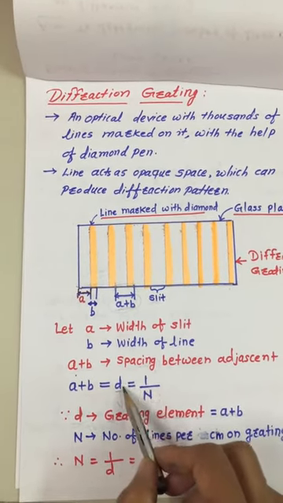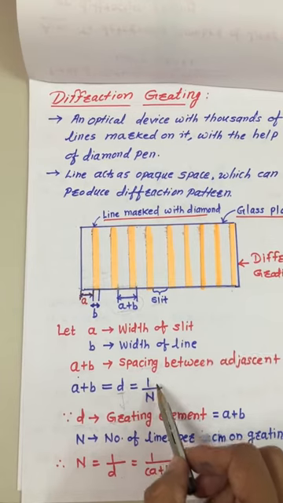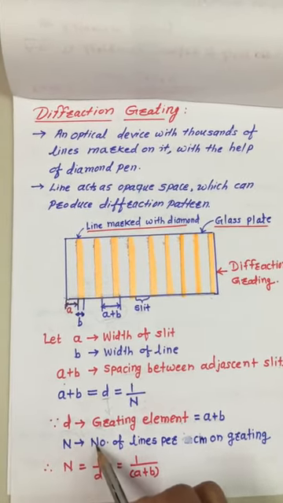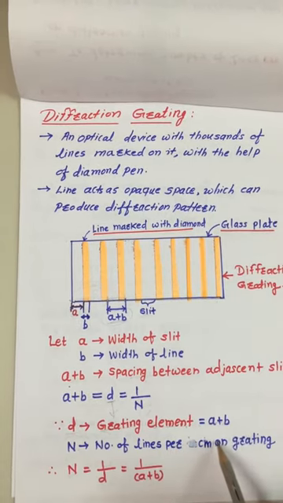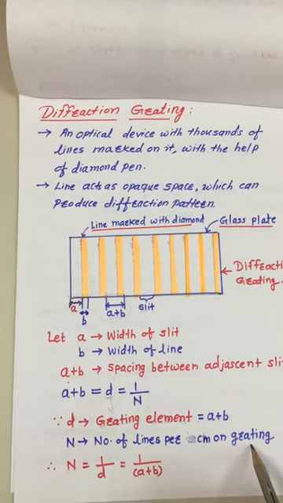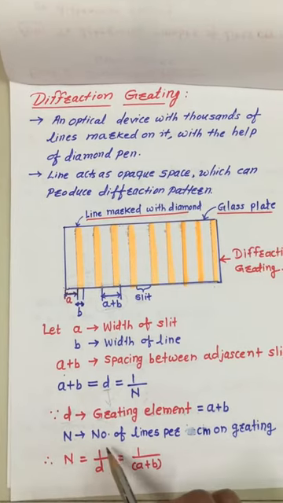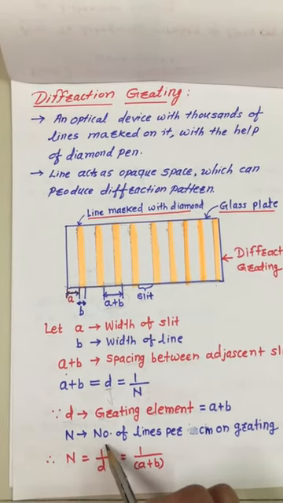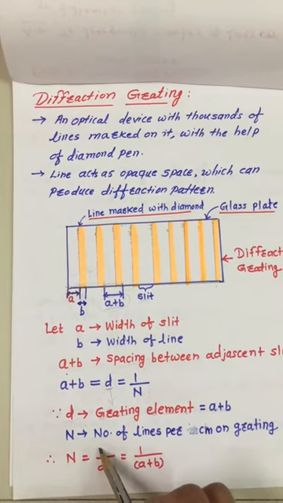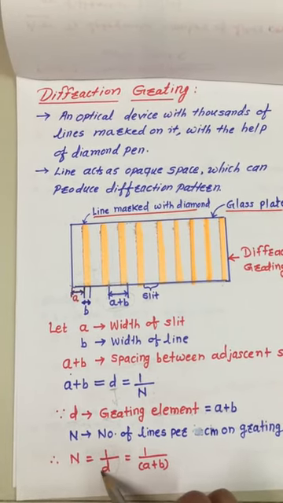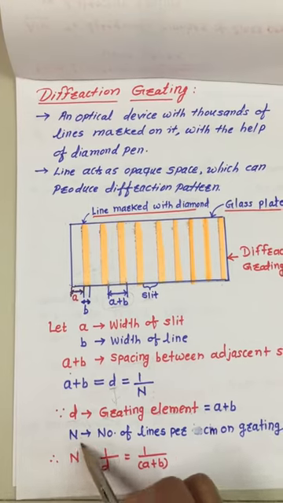Then one more thing: this D can be written as 1 upon n. That n, as we just discussed, is the number of lines per centimeter on the grating. So the number of lines per centimeter on the grating we can determine by the reciprocal of the grating element. Either you can determine n or d. If the d value is known, then you can determine the number of lines.